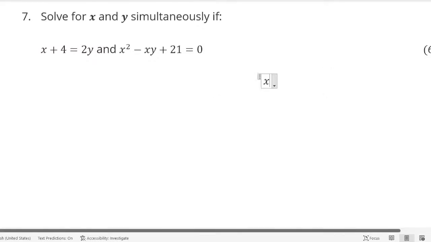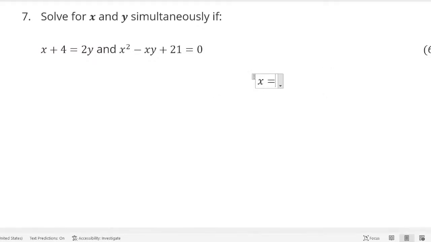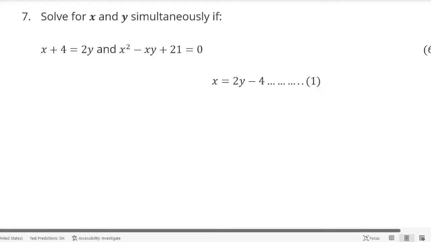So say x is equal to 2y minus 4. We say this one is equation 1, right?